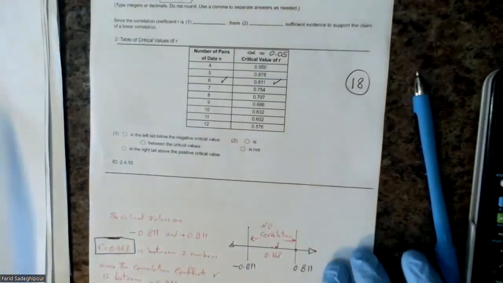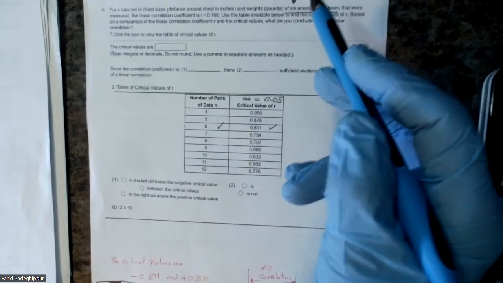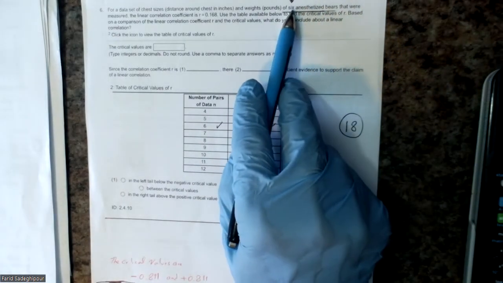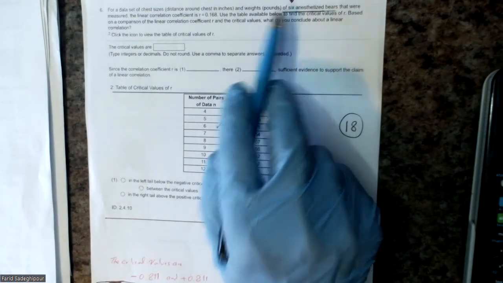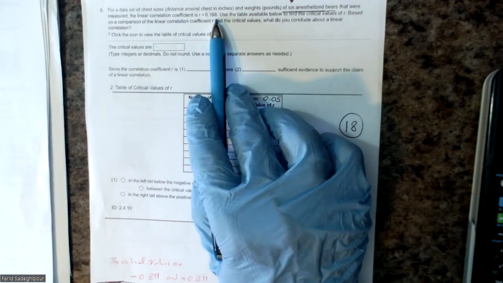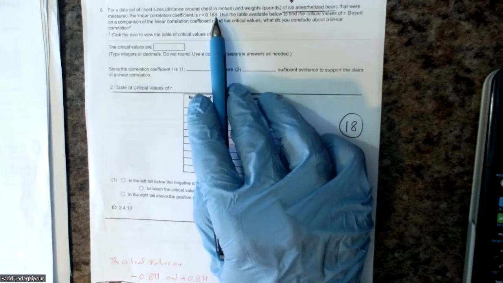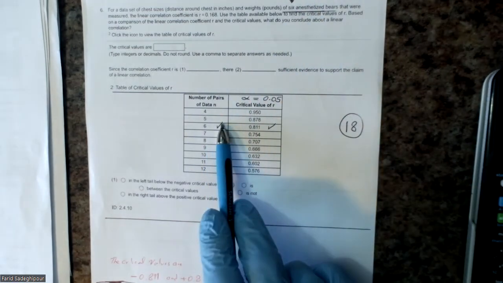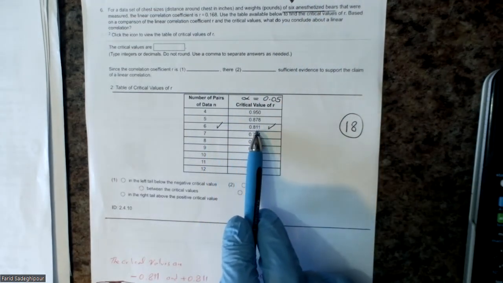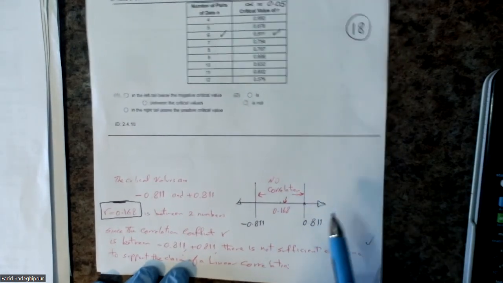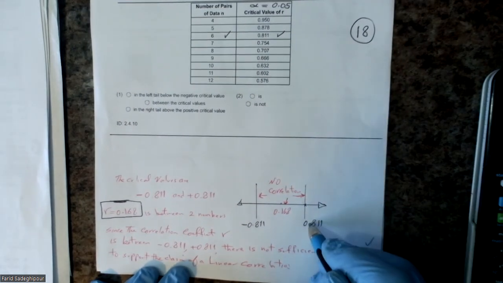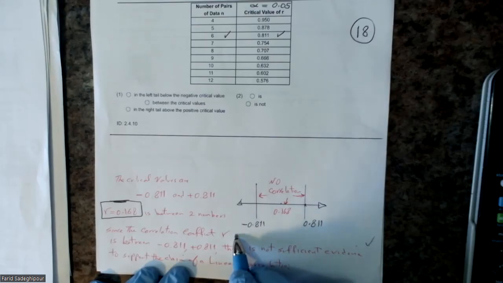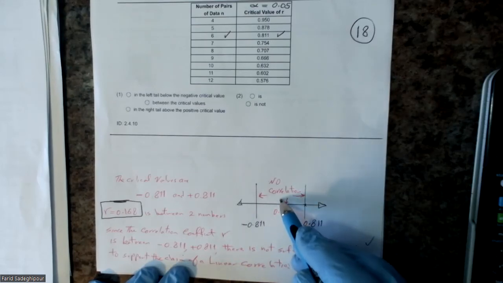And on the last problems here, they are giving you the R value. They are saying there are 6 pairs, and R is 0.168. They want to know if this 0.168 is a good correlation or not. Since there are 6 pairs, it has to be a minimum of 0.811, meaning your correlation must be beyond 0.811 or below minus 0.811. Your correlation is very close to 0.